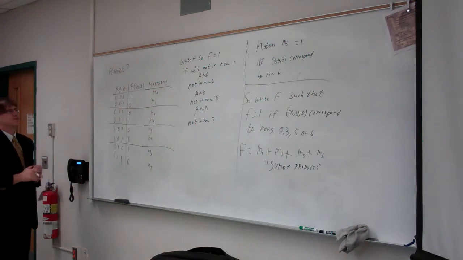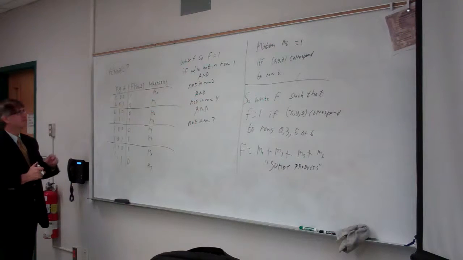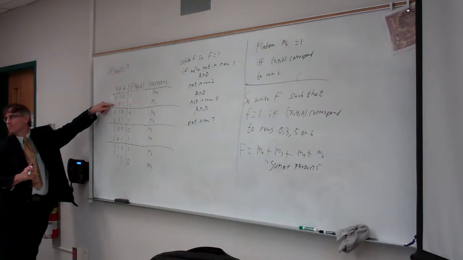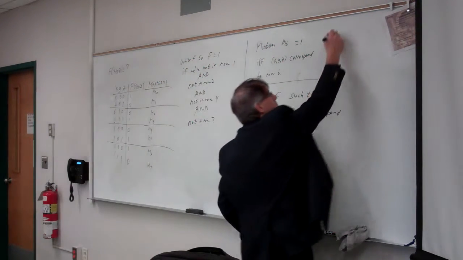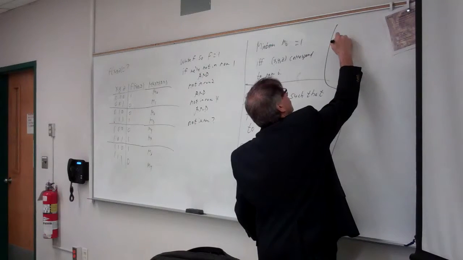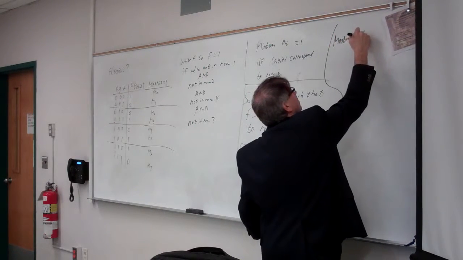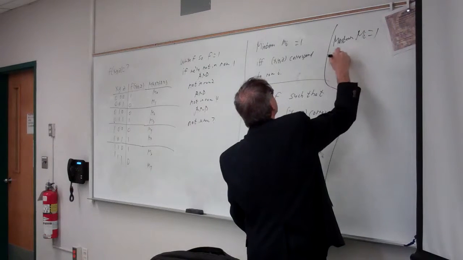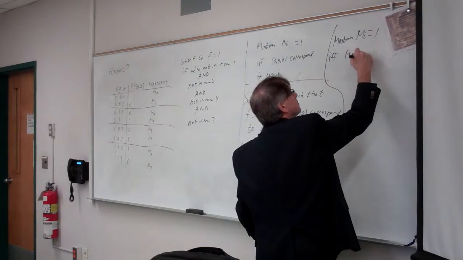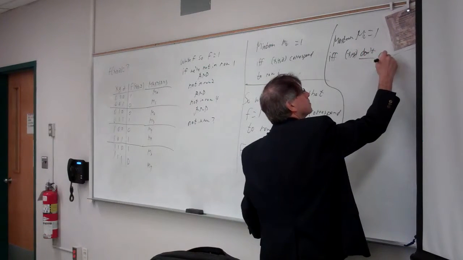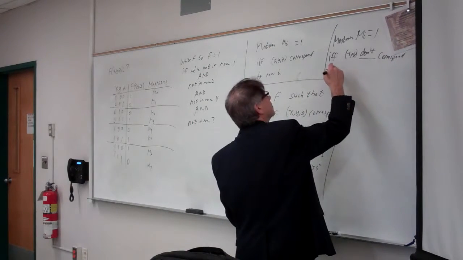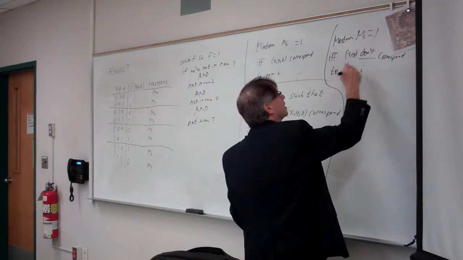So let's write an expression that's going to be 1 if we're not in this row. And this is going to turn out to be M1. So max term Mi equals 1 if and only if x, y, z don't correspond to row i.